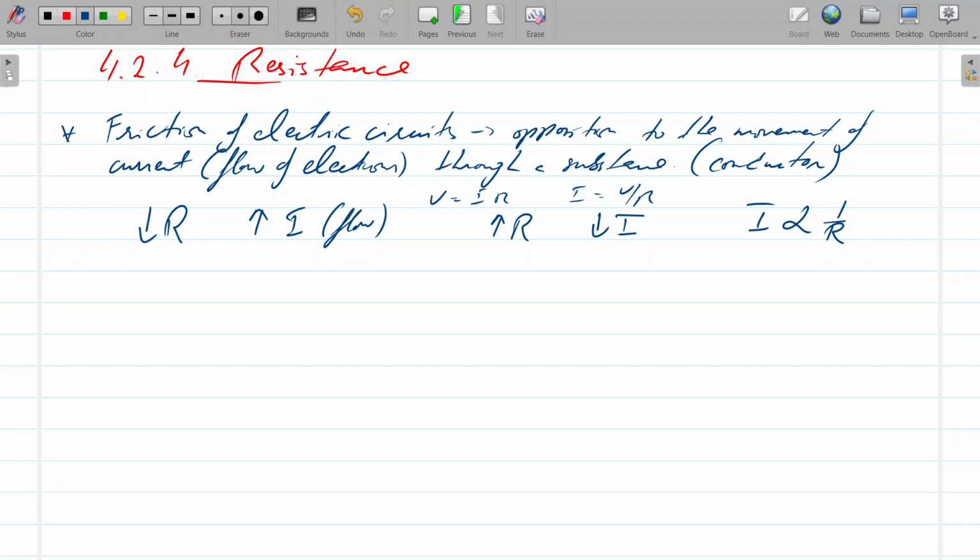It is flowing, but with more difficulty. So a good conductor has low resistance, and obviously a poor conductor has high resistance.